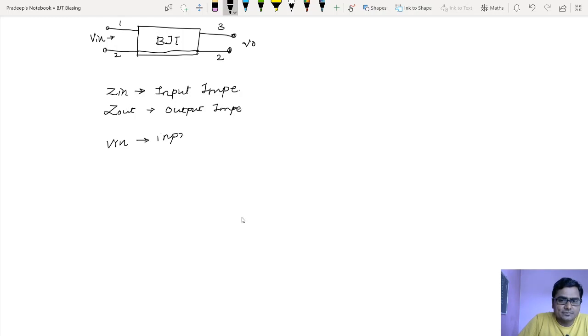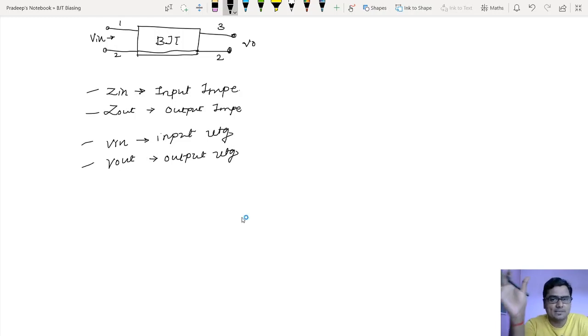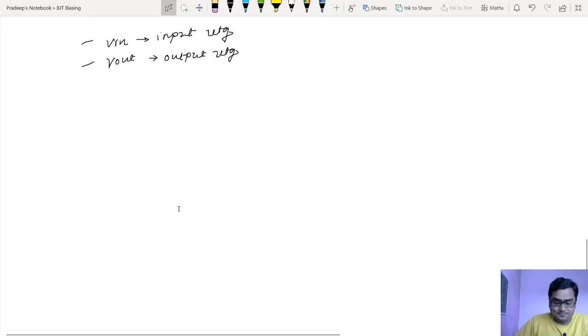V out is output voltage. So 4 parameters: input voltage, output voltage, input impedance and output impedance. So let us arrange it.